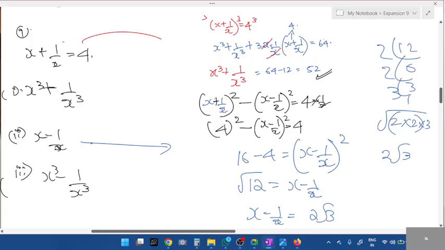Then find x cube minus 1 by x cube. Take this part and cube it. All of you take the last part and cube it.